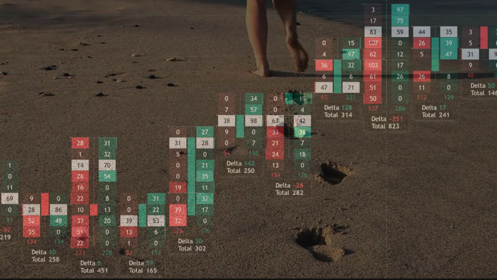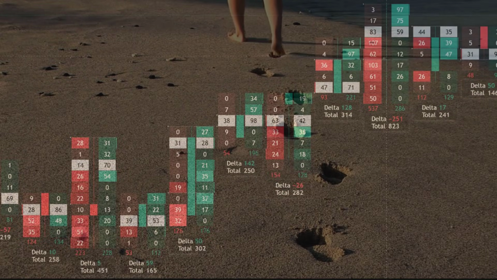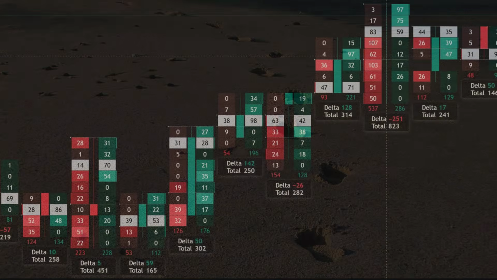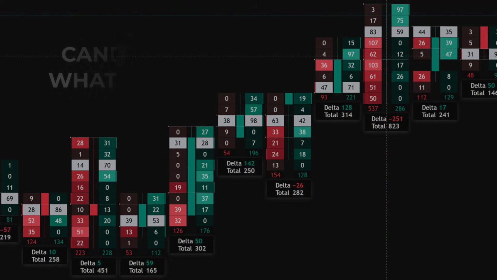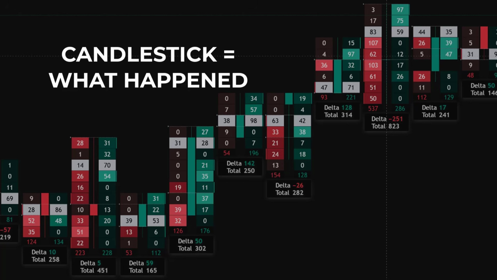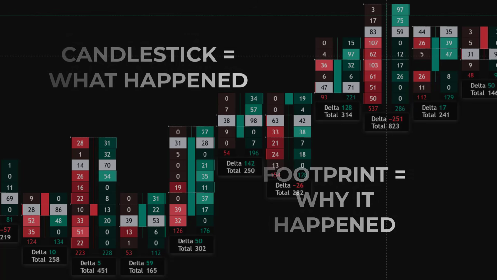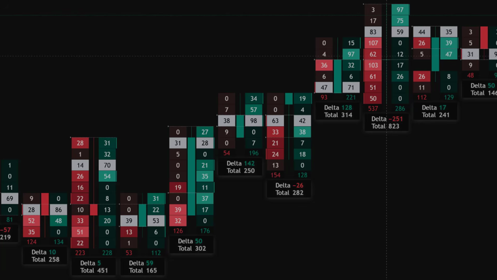So back to that big question again, why not just use candlestick charts? We've already got all those other volume and bars indicators that we can use, so why bother with footprint charts at all? Well, the candlestick chart has basically told you what happened. A footprint chart tells you why. Two candles might look identical, but one had buyers slamming into the ask and the other had passive flow or even hidden selling.